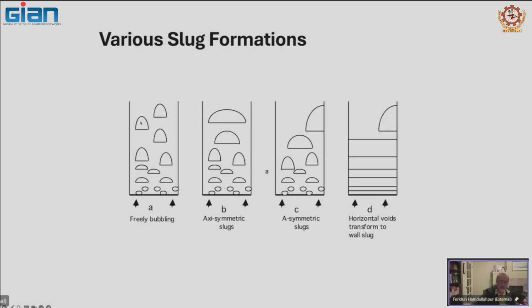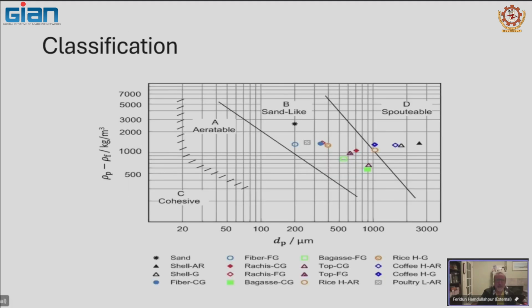In certain cases, they won't, but depending on the size of the particles and the size of the vessel, as we talked about, one will join with the other and form a slug. And when the slug is formed, your bed is basically defluidized, and we will see this shortly.